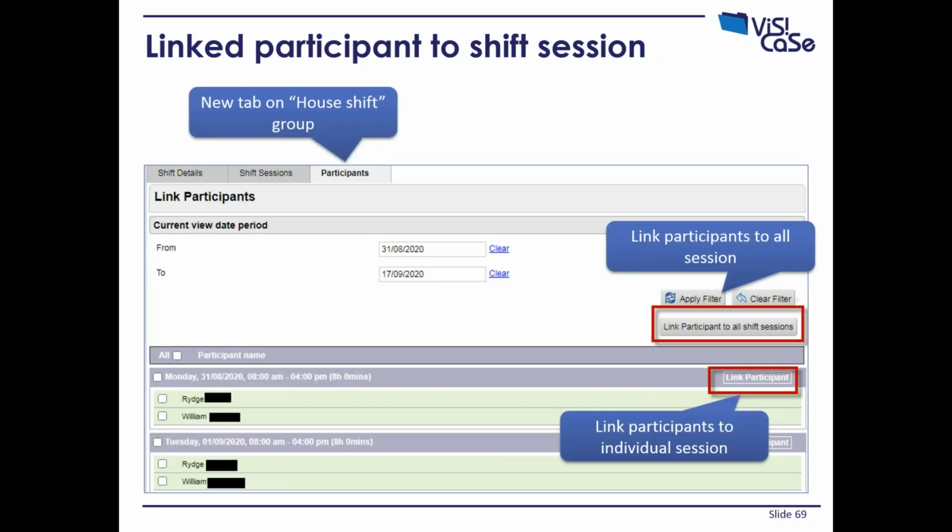Now the user has the ability to link the participants for the house roster and the sessions. For example, I'm creating a house roster or house shift, and I want to add the participants for that shift session. For example, I'm creating multiple sessions, for the 31st of August and the 1st of September. You will see this button called link participant. Once you click on it, you will see all the participants from that particular location.